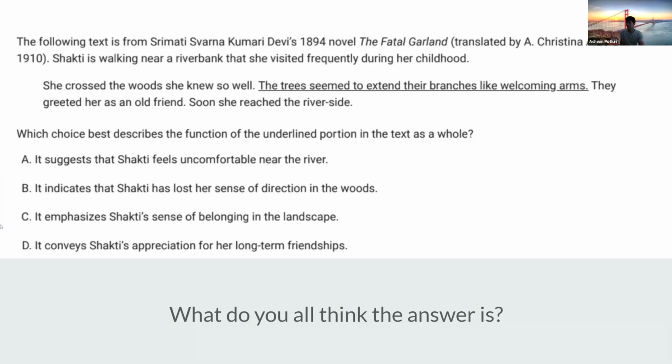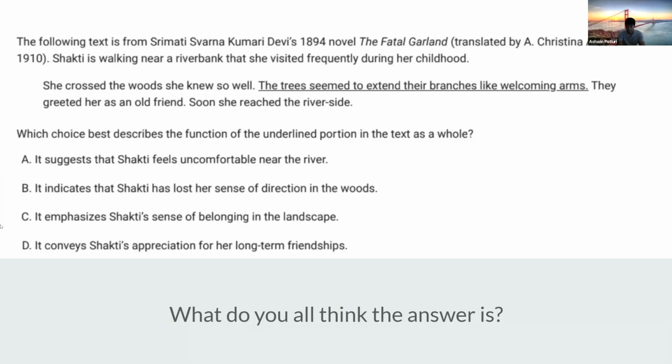So now we have to look at C and D. If we look at D, right, this is the trick answer choice. I'll just give that to you up front. It conveys Shakti's appreciation for her long-term friendships. It does say in this phrase that they greeted her as an old friend. The trees greeted her as an old friend.